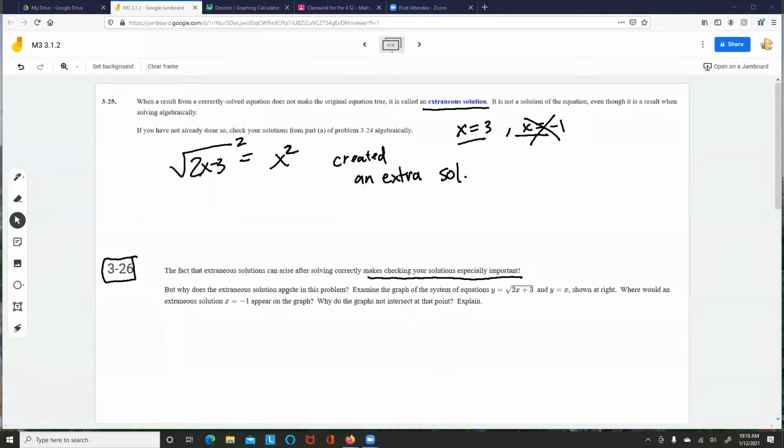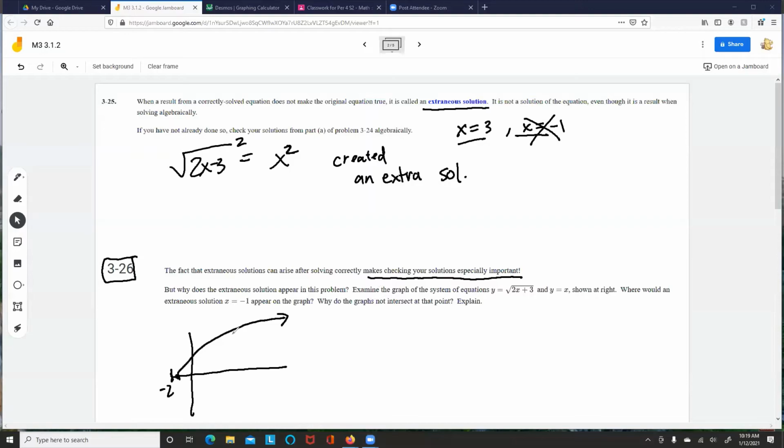But why does the extraneous solution appear in this problem? Examine this graph and examine that graph. Where would this x equals -1 happen? So let's just draw the sketch of the graph. What happened in the graph? We had the -2 was over here, and it was -1 point something. -3, 1.5 is where it starts.